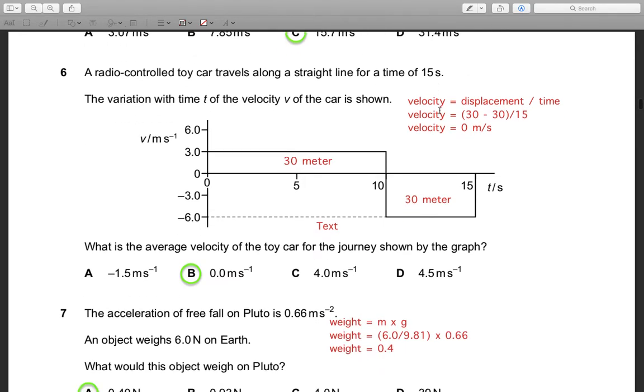Number 6, a radio controlled car travels along a straight line for a time of 15 seconds. The variation with time t of the velocity v of the car is shown. This is about the area, which is distance.